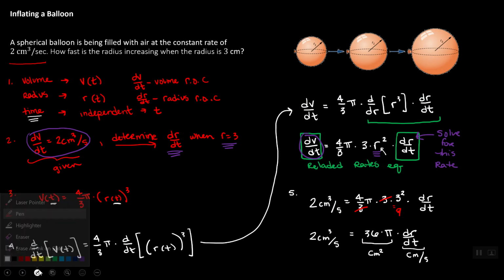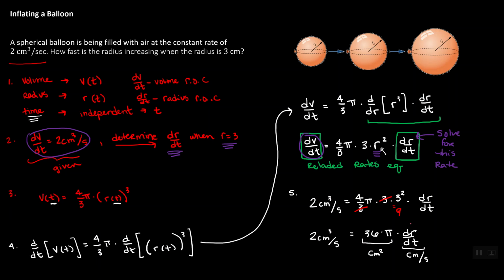All right, going back to solving our equation, we are looking to isolate the dr/dt. So we just need to divide by 36 pi on both sides. Which leaves us with 1 over 18 pi. And we had divided off 36 pi, which came with the centimeter squared. So we have centimeter cubed per second divided by centimeter squared. That reduces us down to centimeter per second.